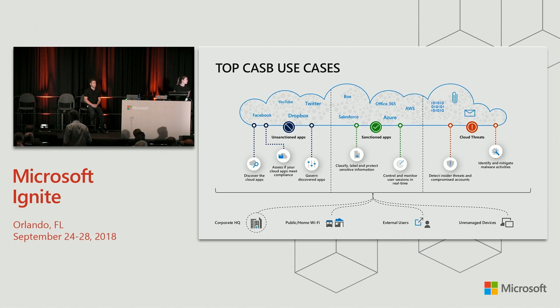Most organizations do support it, and so you have that public and home Wi-Fi that you don't control. You have external users that you also control less because you do want to have partners that you want to bring into your organization, that you want to provide access to your resources to. And of course, devices that you don't manage, that you let users use to access your resources.